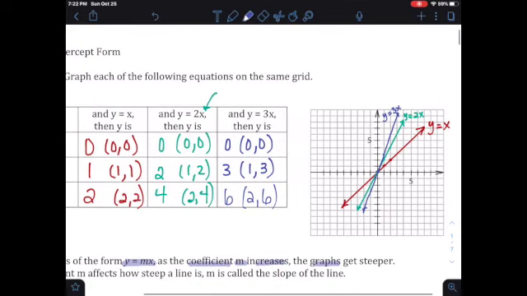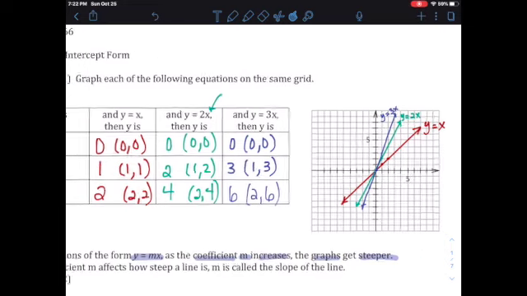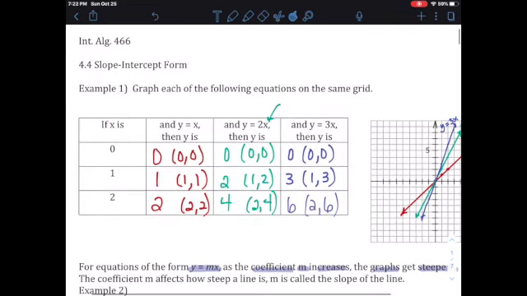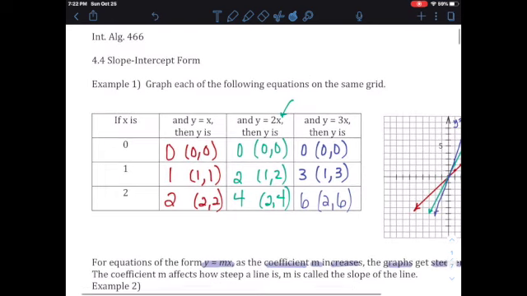And that is a very important concept, okay? The coefficient m affects how steep the line is. M is called, very important, the slope of the line.